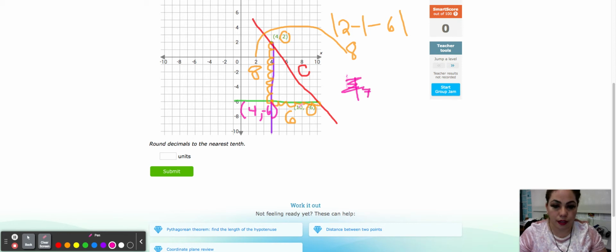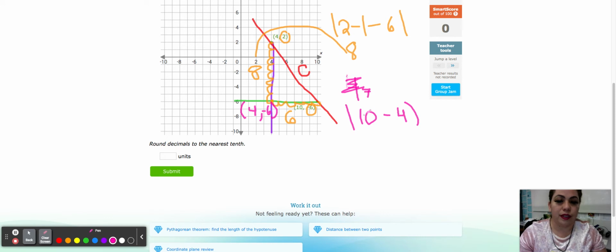It's 10 because this is the number. So 10 minus 4. So 10 minus 4 is 6. And the absolute value, again, is 6 right here.